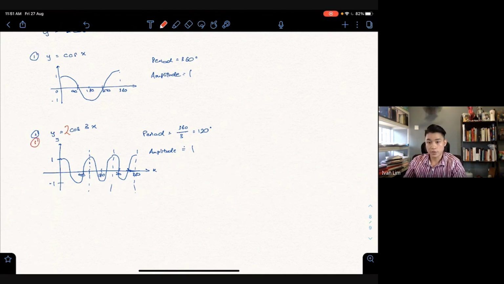You all can draw another one again. But how it will affect, it will look exactly like this. However, my amplitude now will be 2. So it becomes 2 like this. So 2 and -2. Okay, so this is the third step on how you change the graph, or how the A will affect the graph.